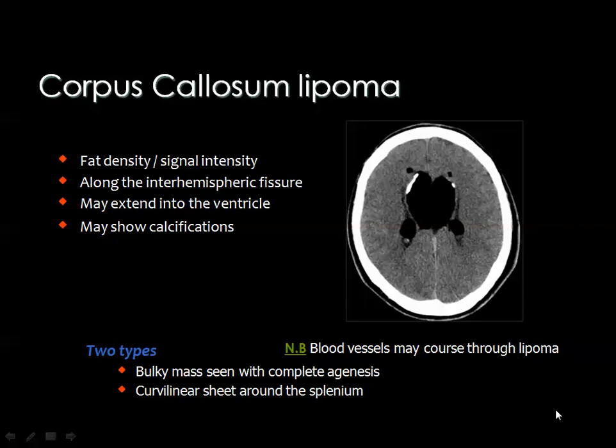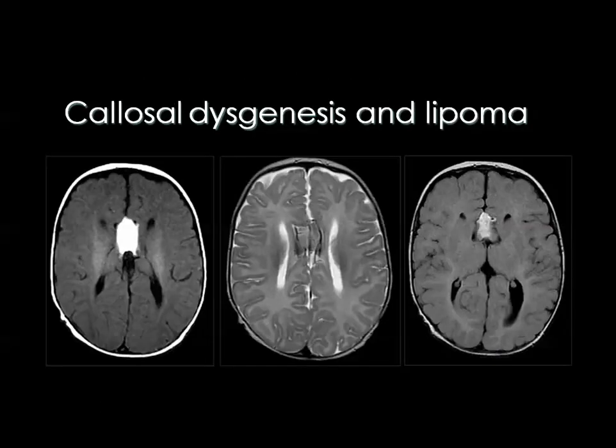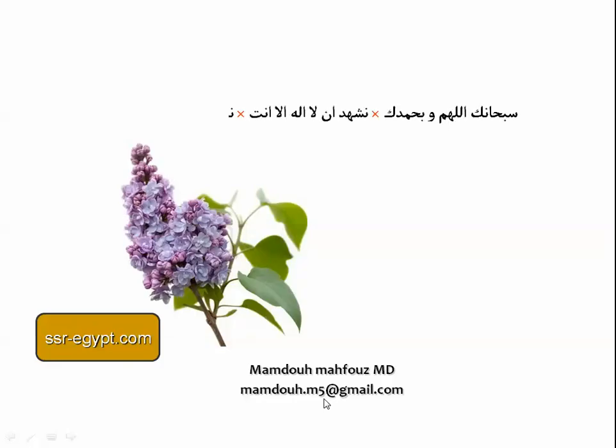So if it is attempted to be removed surgically, there are some hazardous complications. In the T1 weighted images, you see high signal, and in the T2 weighted image, you see low signal, and you may appreciate the presence of the vascular structures, and this is a corpus callosum lipoma.